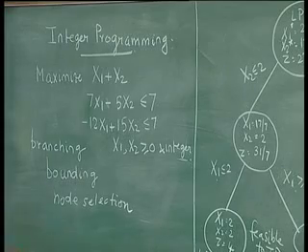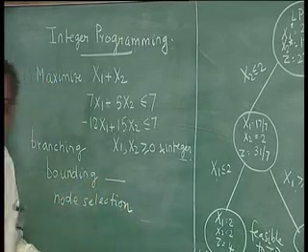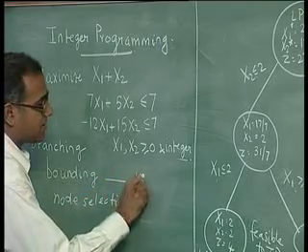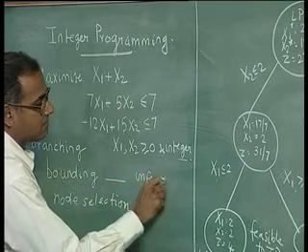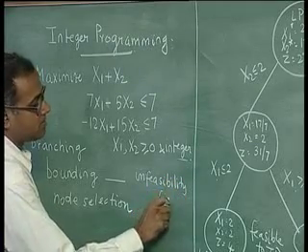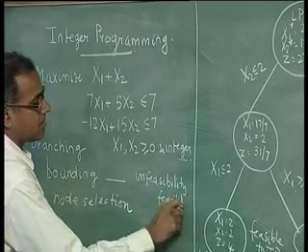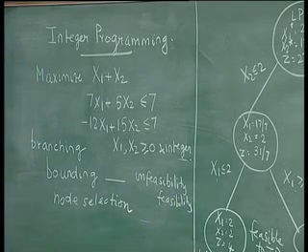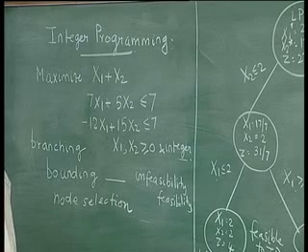Let us look at the bounding strategy, that is easy. The bounding strategy here is, you fathom by infeasibility, you fathom by feasibility, and you also realize that at every stage you are solving a linear programming problem, a maximization linear programming problem.